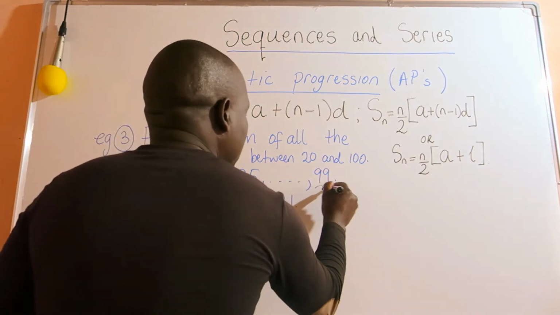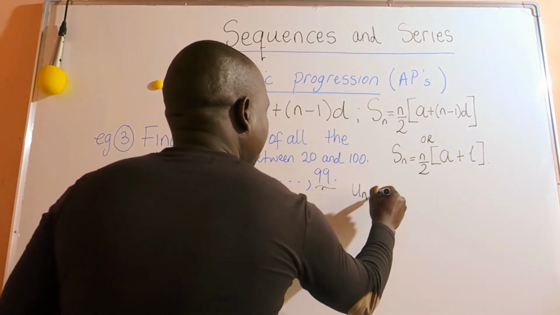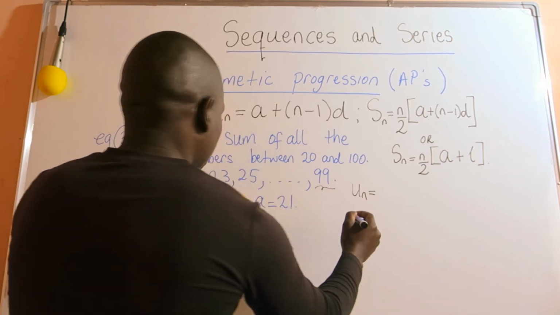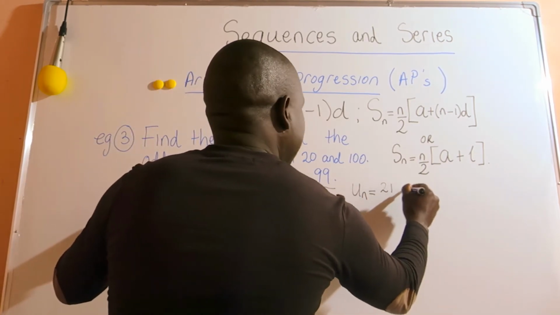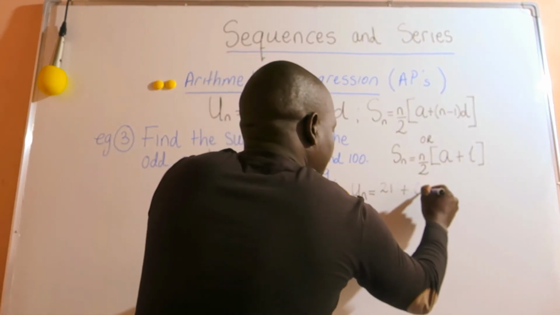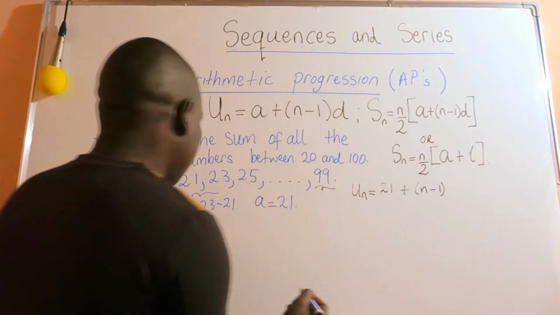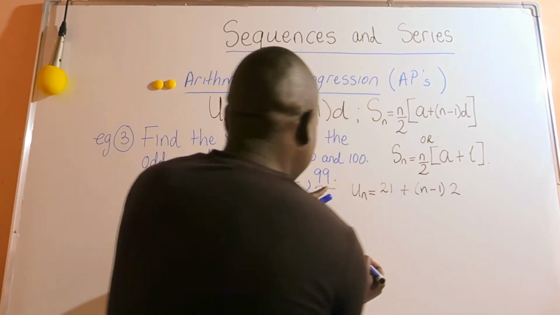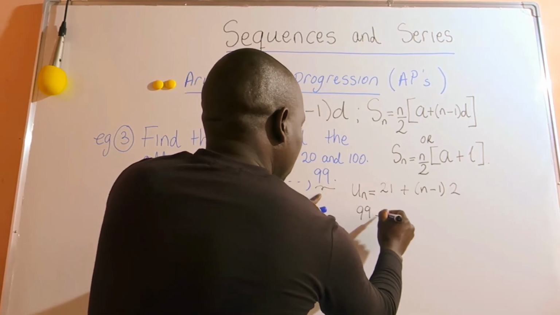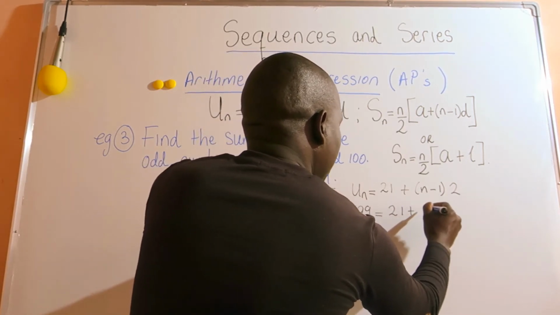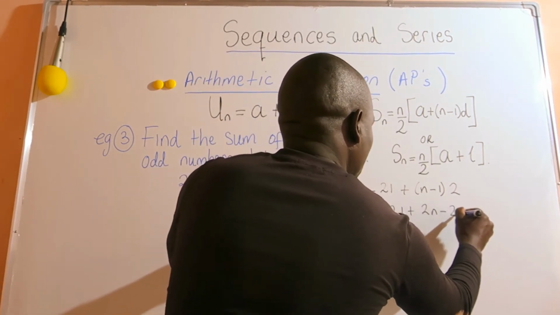So I'm going to use this for n, the nth term. So Un is equal to, I've got A, so this is 21 plus n minus 1, I don't have n, so n minus 1. My common difference here is 2, but the nth term here is 99. So 99 is equal to 21 plus 2n minus 2 here.